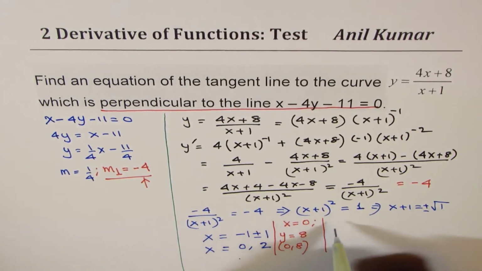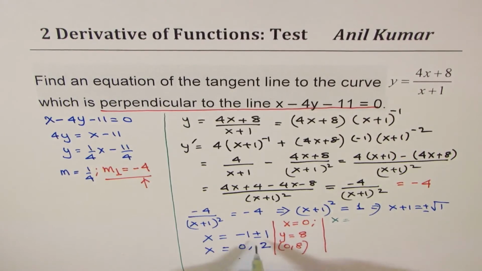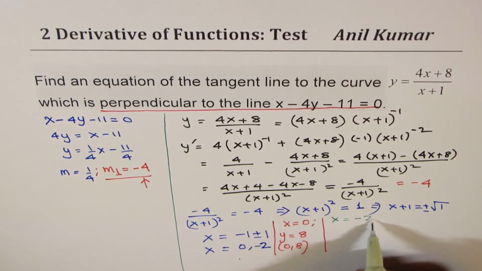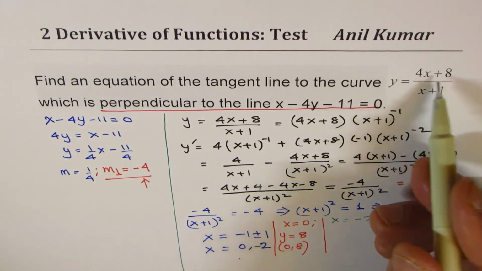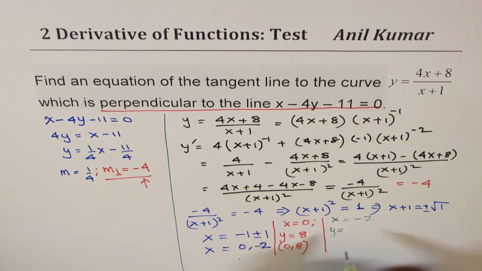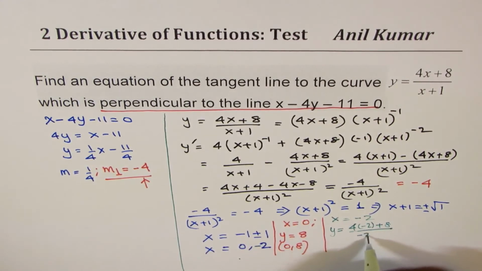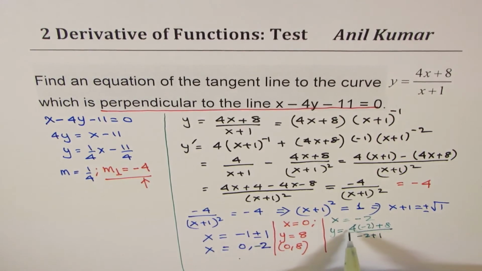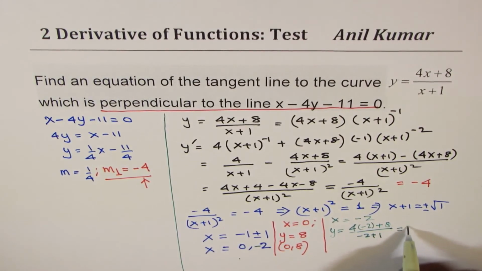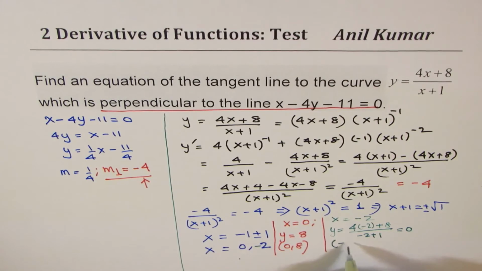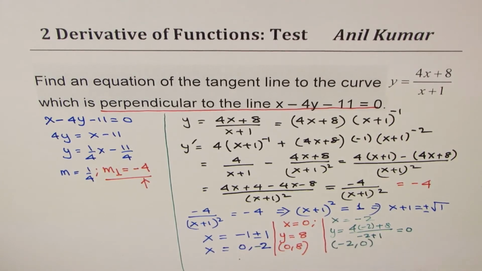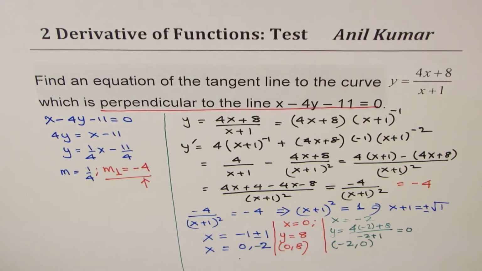For the other point, let me write x equals minus 2. If I write minus 2, I get y equals 4 times minus 2 plus 8 over minus 2 plus 1. Now that is 0, right? So the point is (minus 2, 0). So these are the 2 points on the curve.